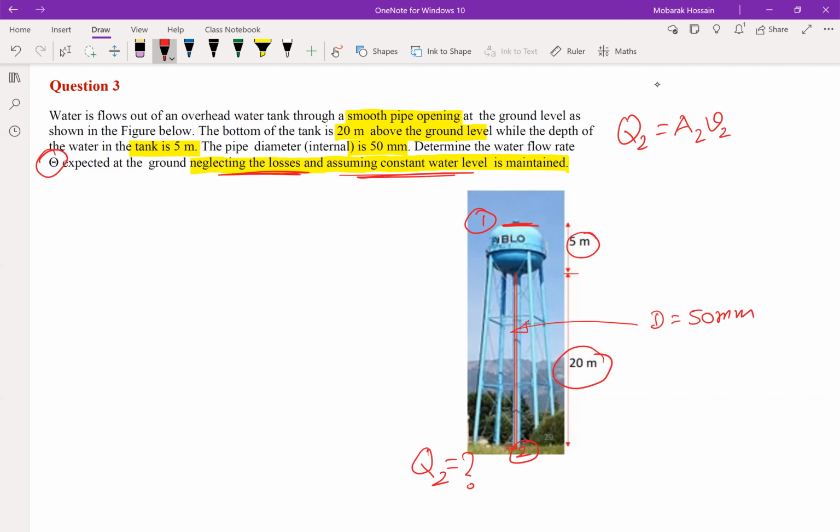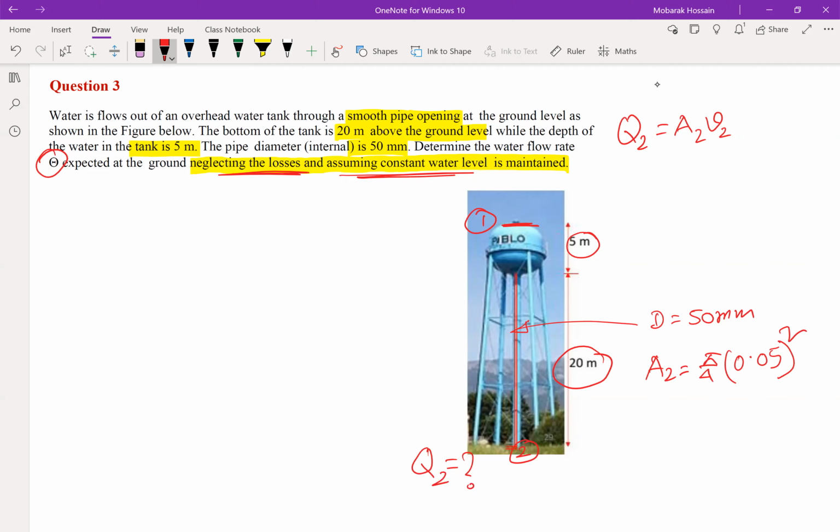So area 2 is easy, it will be equal to pi over 4 times the diameter of the pipe, with the millimeters divided by 1000 to become meters, to the power of 2. The area is done. Now the problem is the velocity.